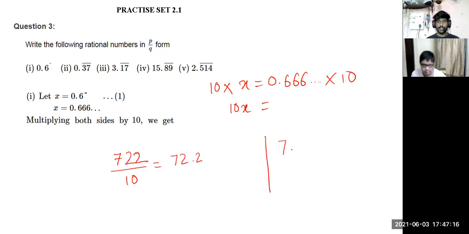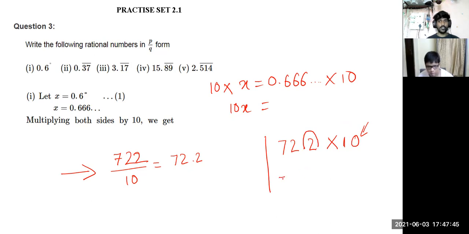Now 72.2, if you multiply it with 10, note down the difference. Here you're dividing, here I'm multiplying. If you multiply it with 10, how many zeros are there in this 10? 1. So the point will shift to the right by one number when you're multiplying it with 10.